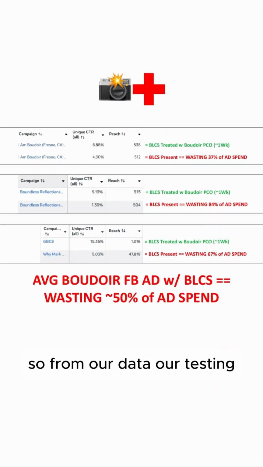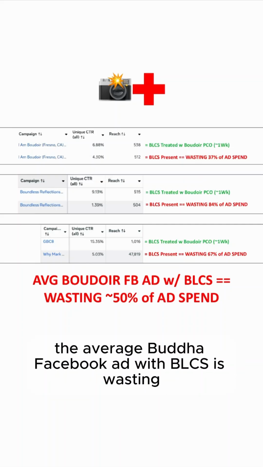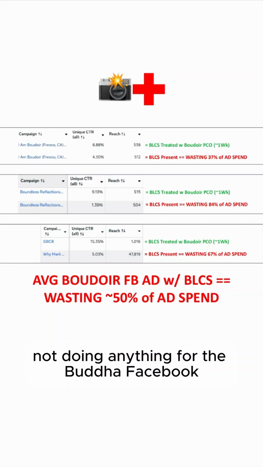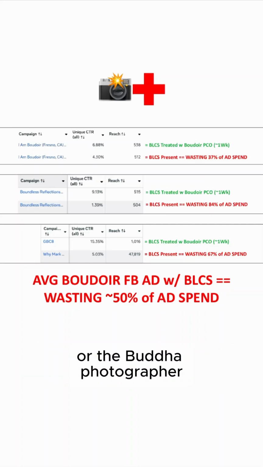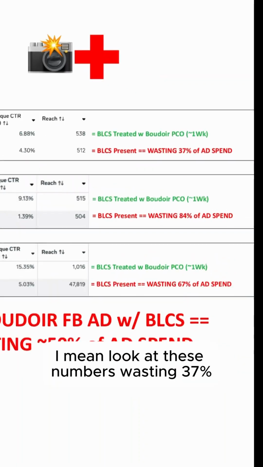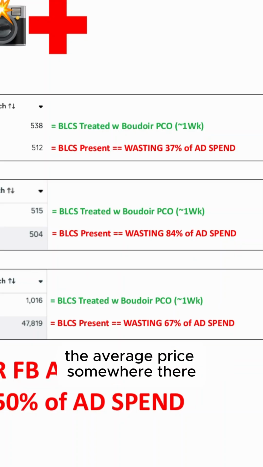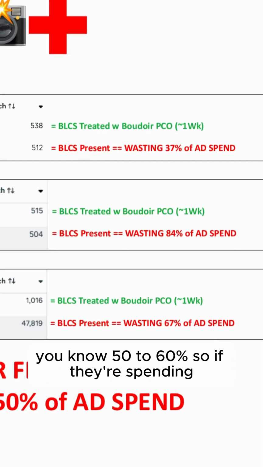So from our data, our testing, our real world results, the average Boudoir Facebook ad with BLCS is wasting about 50% of its ad spend, going straight to the Zuck, not doing anything for the Boudoir Facebook or the Boudoir photographer. I mean, look at these numbers, wasting 37%, wasting 84%, wasting 67%. Average them up, somewhere in there, 50 to 60%.